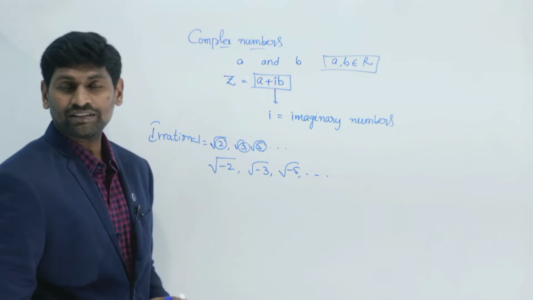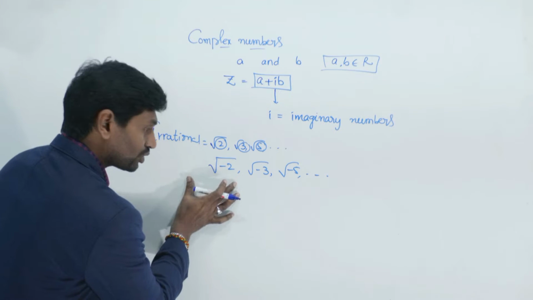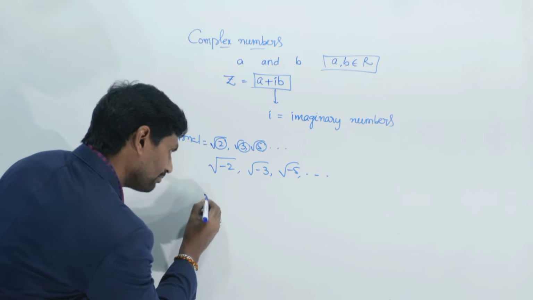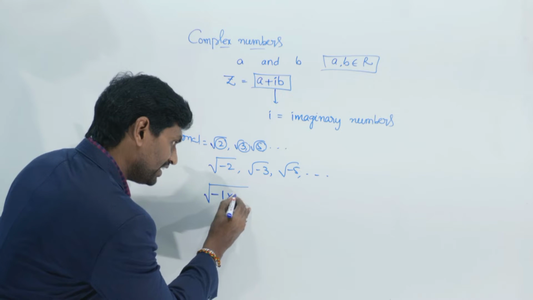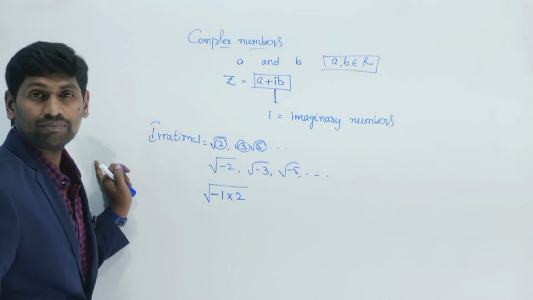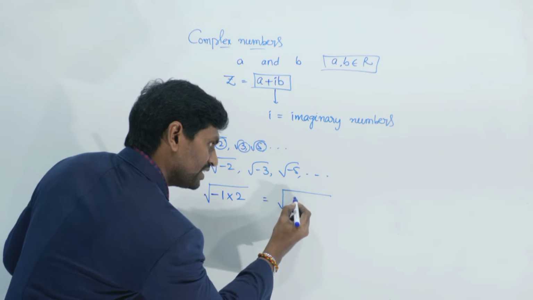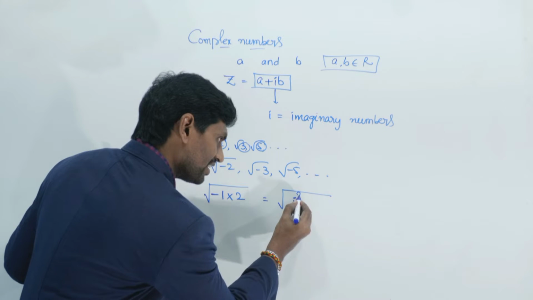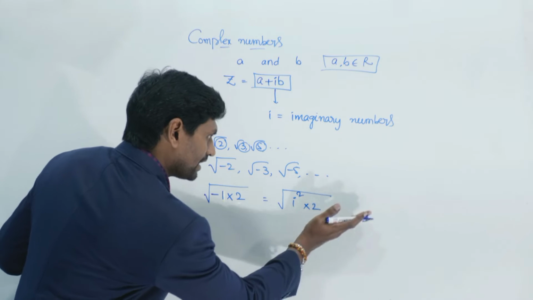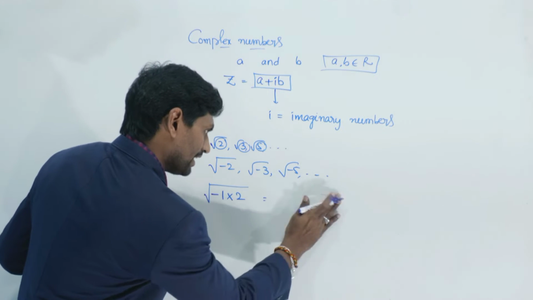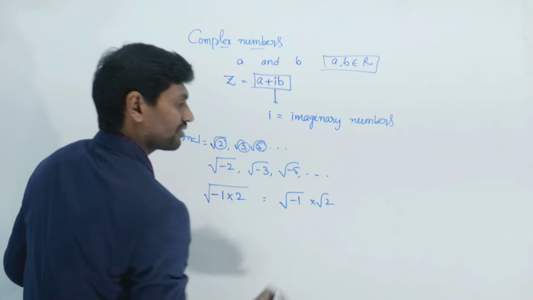Then how can you write the imaginary number i? Root over minus 2 can be expressed as root over minus 1 into 2. We can separate the square root like this: root over minus 1 into root 2.